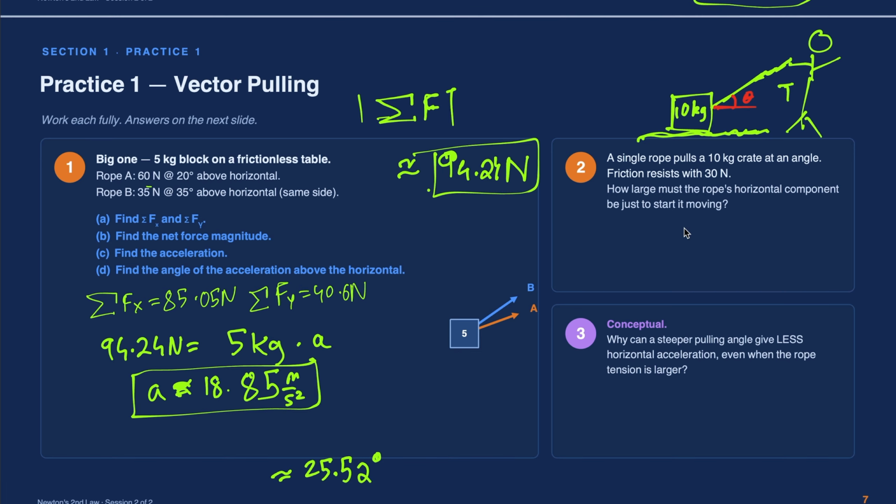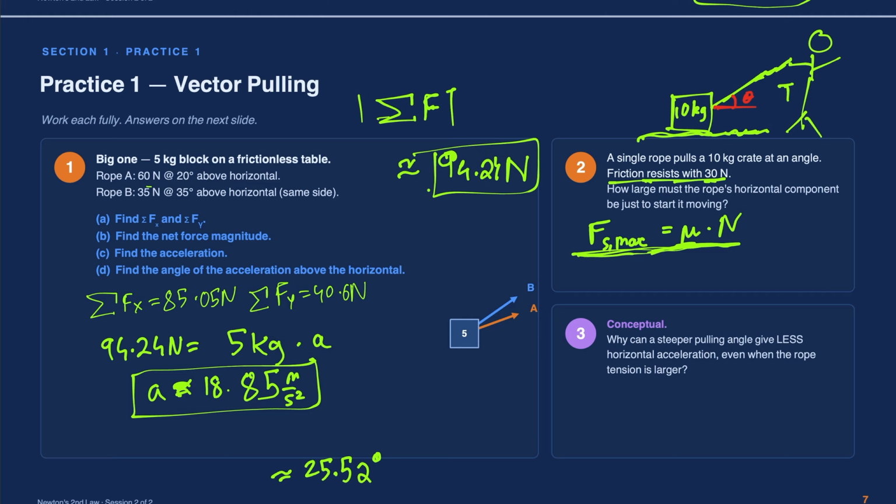If you remember, it's the coefficient of friction times the normal force. We don't need that right now, since they say it resists with 30 newtons. But I was showing you so you understand how you'd solve it for future problems if you weren't given the friction. In this case you were, so rejoice.